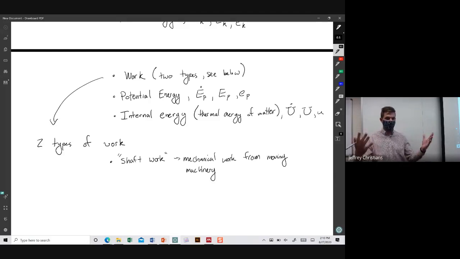Like there's a part of the pump that's physically moving, and that's imparting extra energy into our system, doing mechanical work.